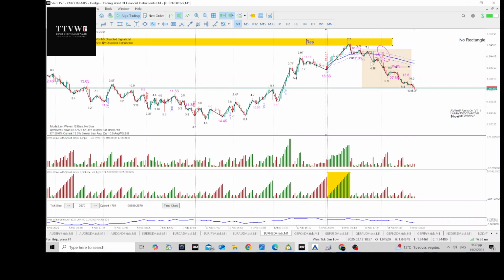We broke down, we pulled back to AVWAP, and I get a short signal, all right? And this is so far 72 pips and going, okay, as we speak. Now another one. There's so many, it's unbelievable.